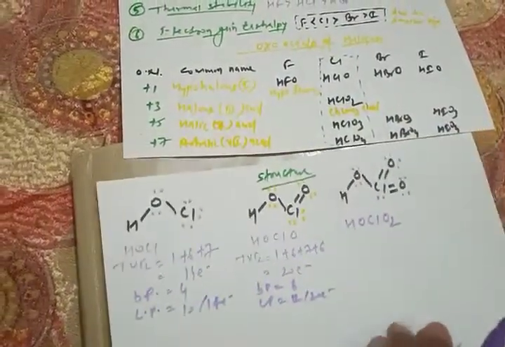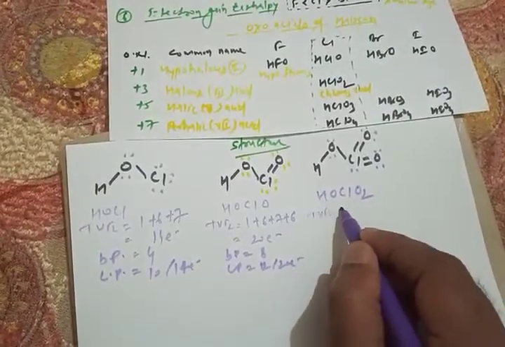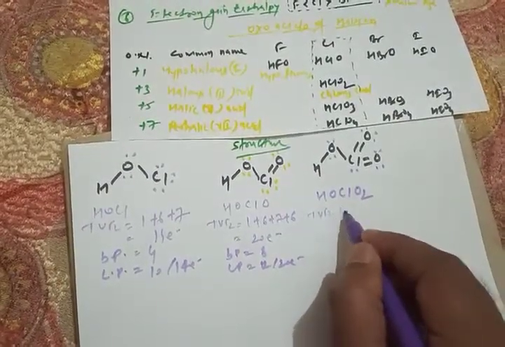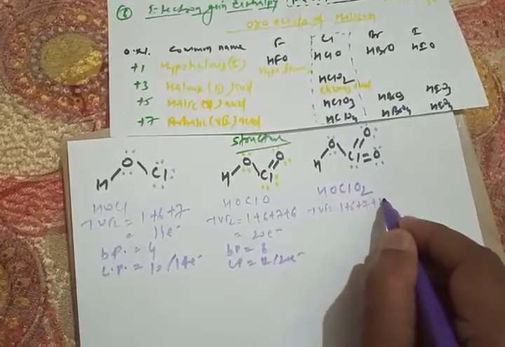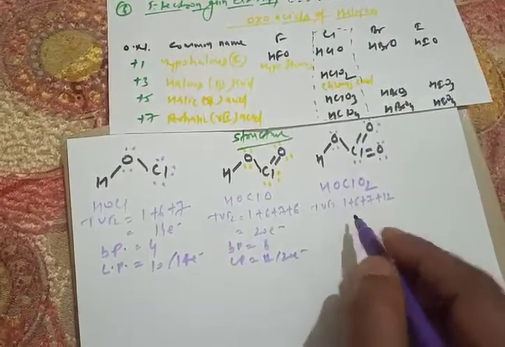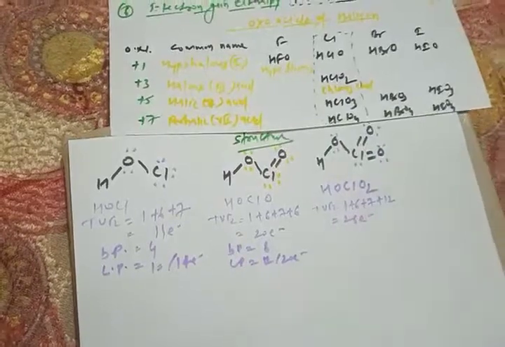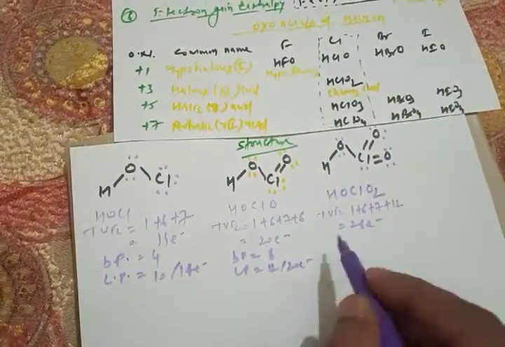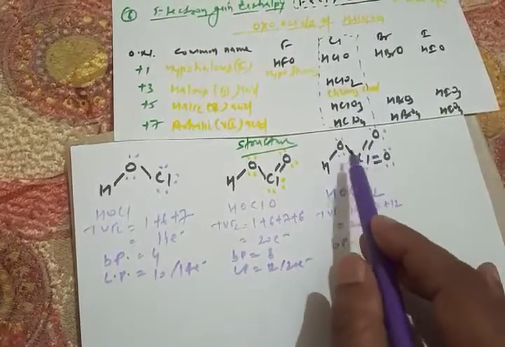Okay, we will calculate the total valence electron in this case. So in this case we have 1 plus 6 plus 7 plus 6 to 12. So total will be 26 electrons. Okay, and in the 26 electrons, bond pair electron is 1 2 3 4 5 6.